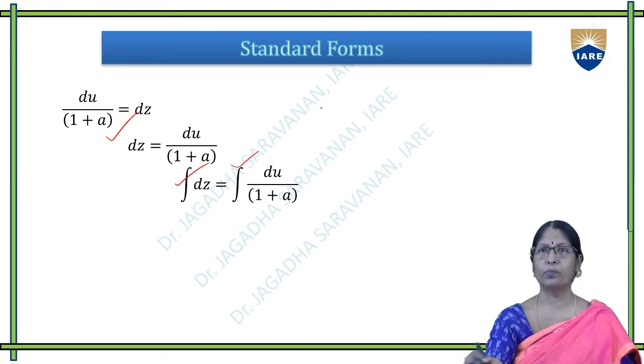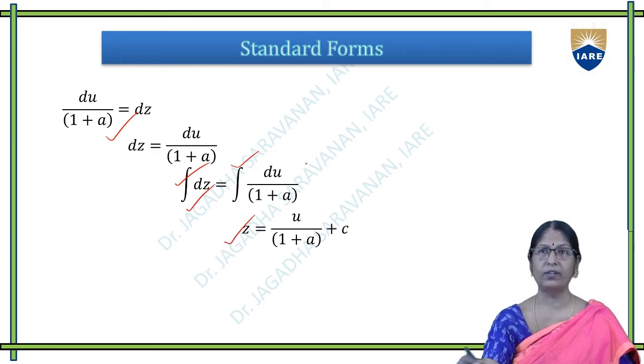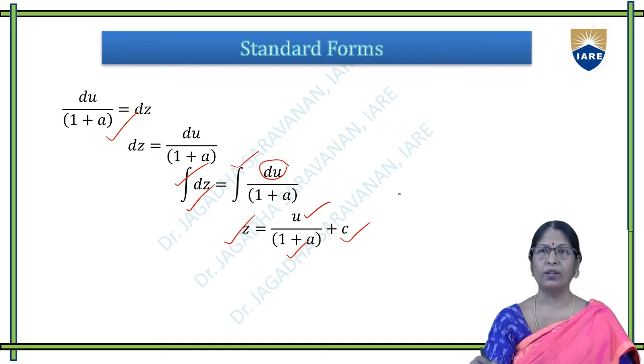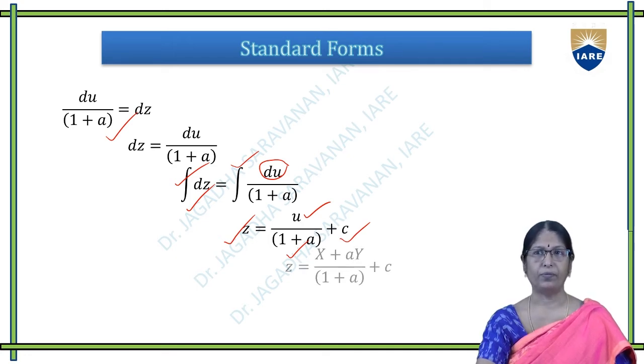On the left side, the integral of dz is nothing but z. On the right-hand side, the integral of du is u, and 1 plus a is treated as a constant. And we know that plus a constant has to be added.